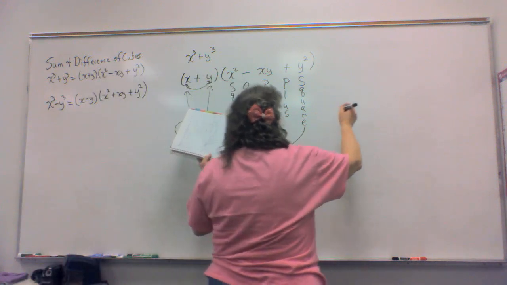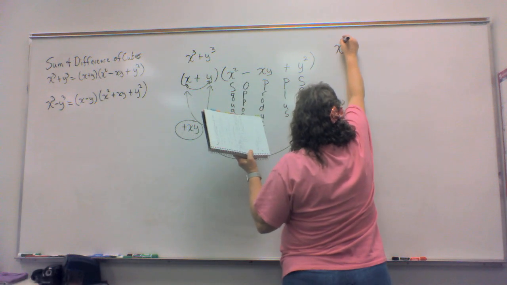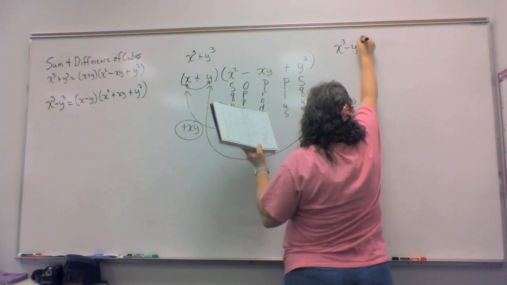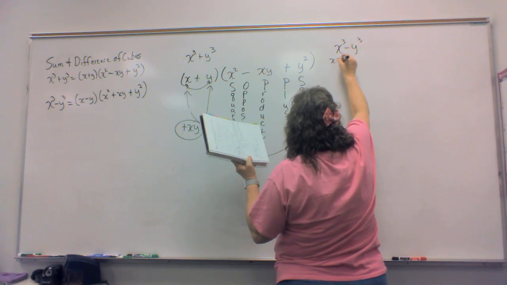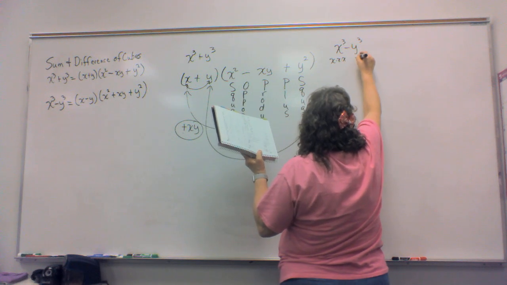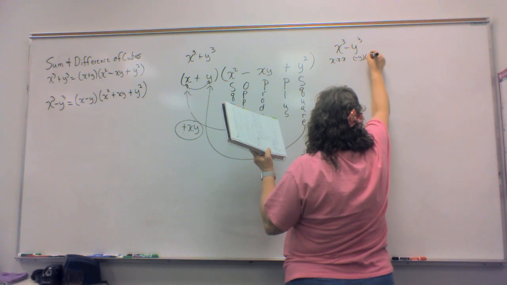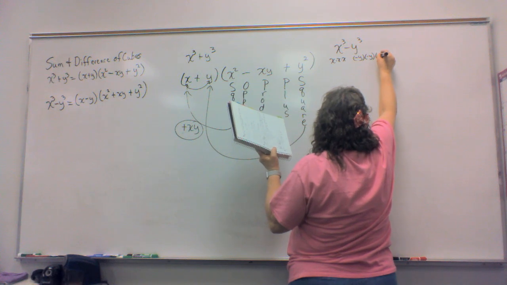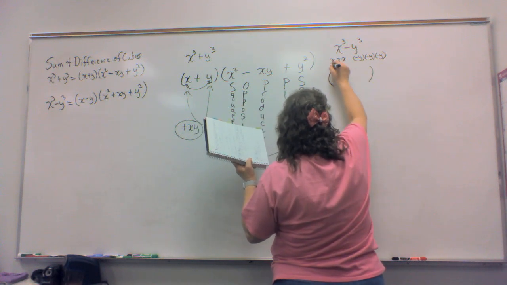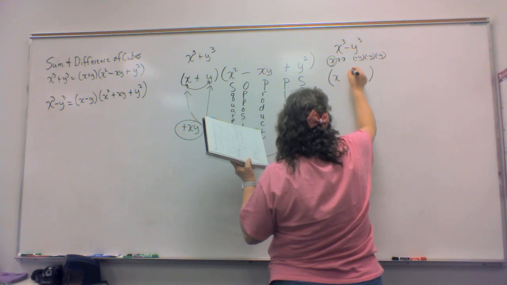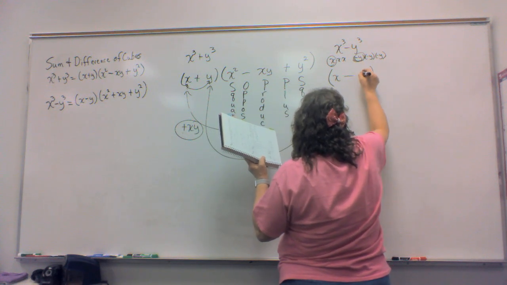Okay, here's another one. X cubed minus y cubed. I look at this as x times x times x, and negative y times negative y times negative y. Now, my first one says bring down my x and bring down my minus y.